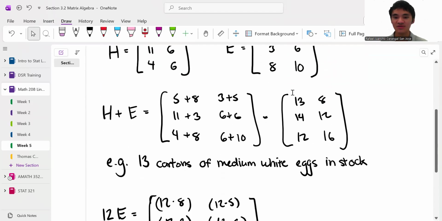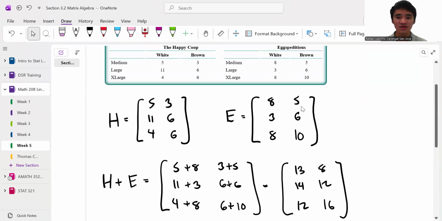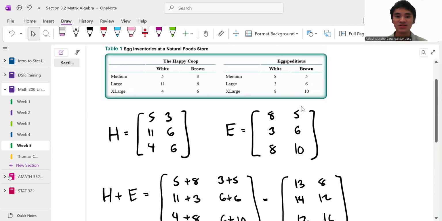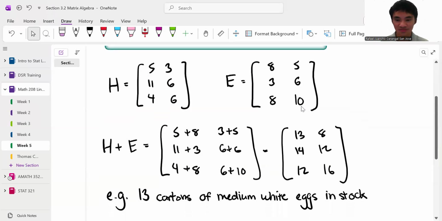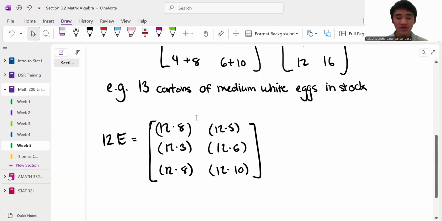Here we see a total of 13 medium white eggs, 8 medium brown eggs, 14 large white eggs, 12 large brown eggs, and so forth. So we can do that.